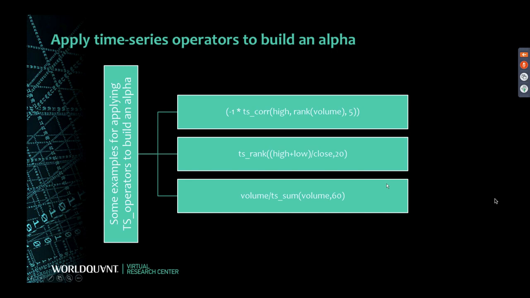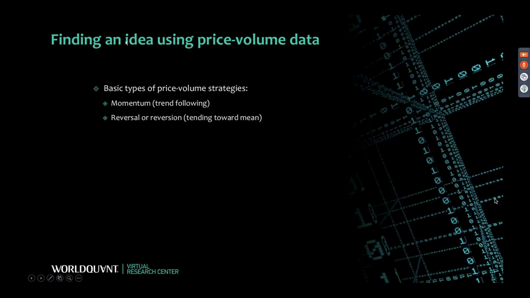All right. So let's look into finding an idea using price volume data. There are two basic price volume strategies: momentum or trend following, or price reversion, or reversal. This is the reversion towards the mean of the price.